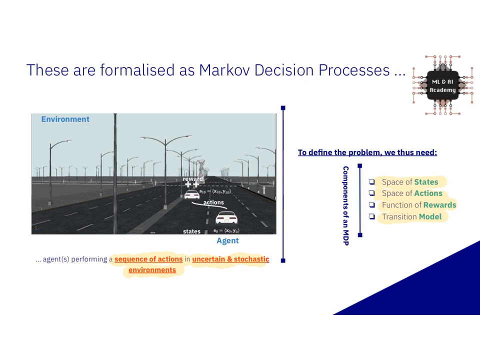There are different types of these states, actions, rewards, and transition models that we consider in reinforcement learning. So, for example, the set of states can be continuous, as is the case in this car experiment.